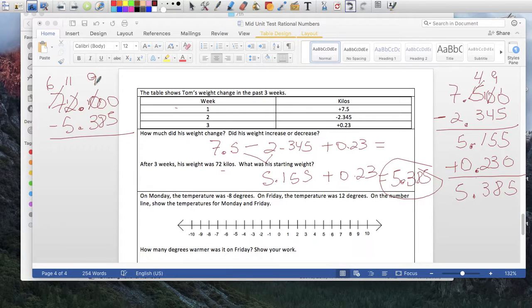This is a 10, becomes a 9. This is another 10, becomes a 9. And this is a 10. 5, 1, 6, 6, 6. So he started with 66.615, then plus 7.5, then minus 2.345, then plus 0.23, and that's how he got to 72. So this is what he started with, and he got 72.